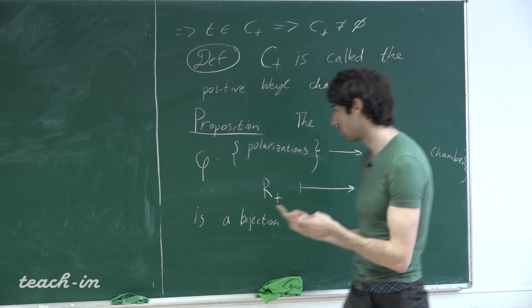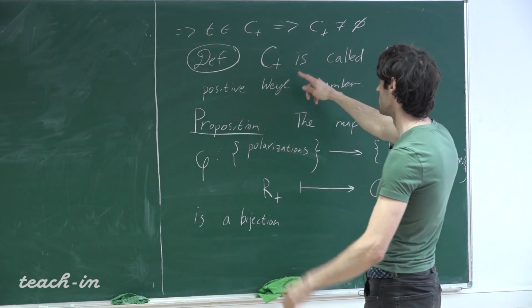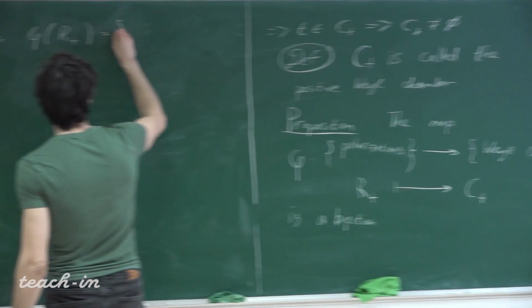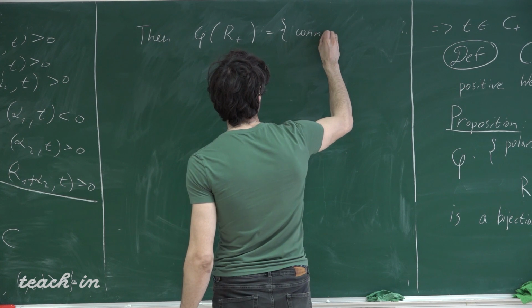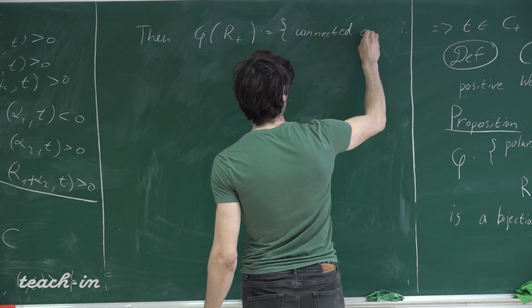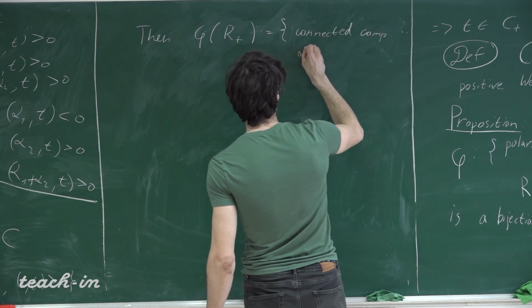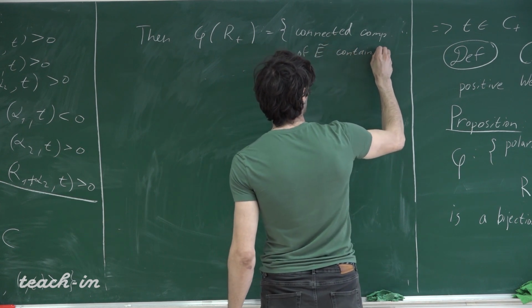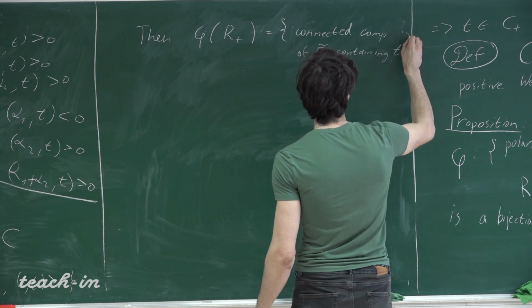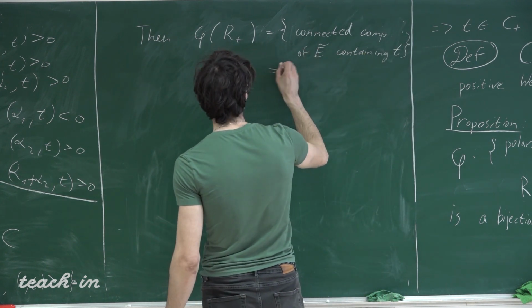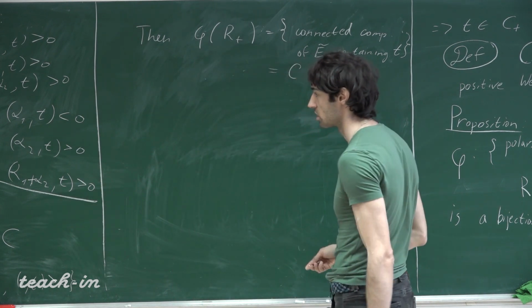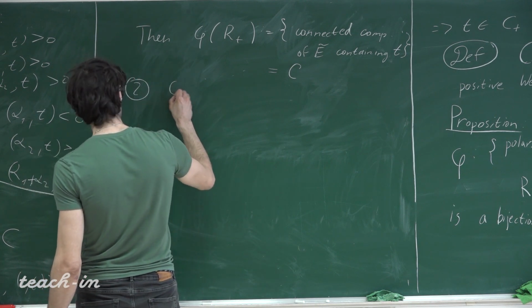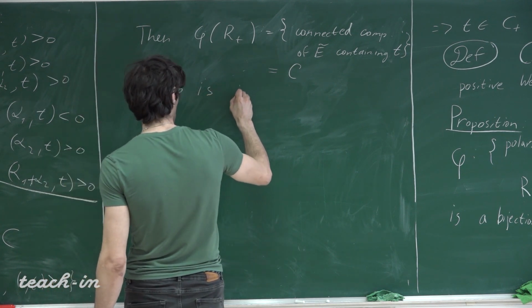Okay, so this is how this map works. It's just saying how we constructed C+ in different words. So this is the connected component of E tilde containing t. So this is exactly our C. So surjectivity is proved.